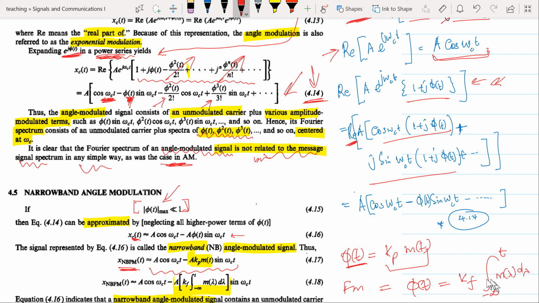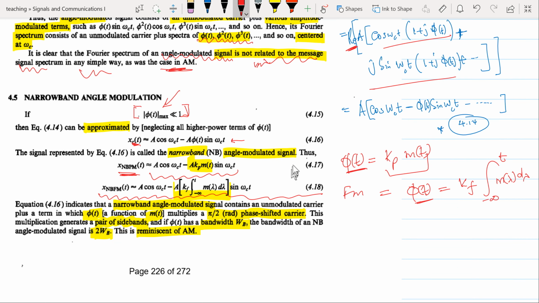When you replace this in equation 4.16, we end up with the narrowband version of the frequency modulated wave as illustrated in equation 4.18.